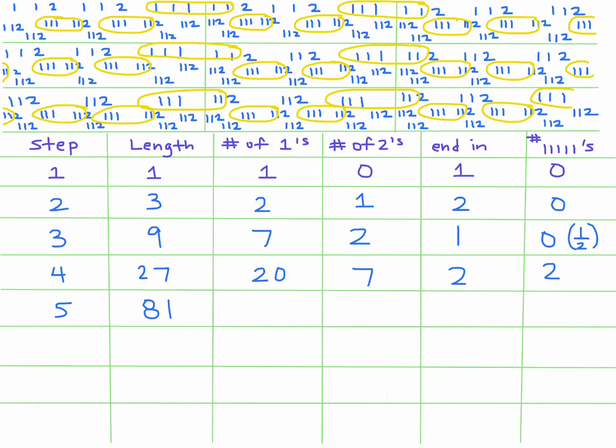Because whenever Judith saw a 1 in our system, she made a 1, 1, 2 in her step. So every time there's a 1, in the next step there's going to be the same number of 2s. That means the number of 2s at each step equals the number of 1s from the previous step.